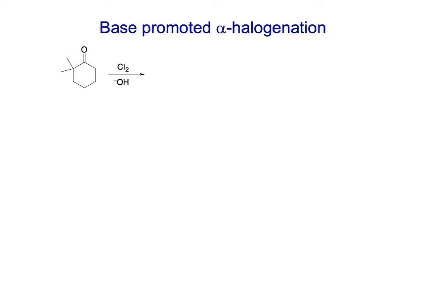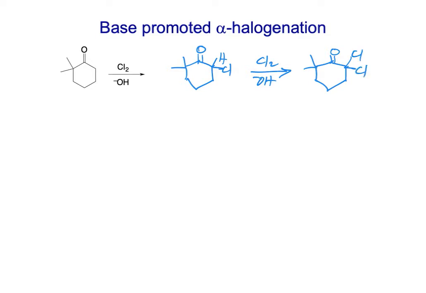Under basic conditions, the alpha position gets chlorinated in this case, but that species can in fact react again with more chlorine and hydroxide to substitute all alpha hydrogens with chlorine.